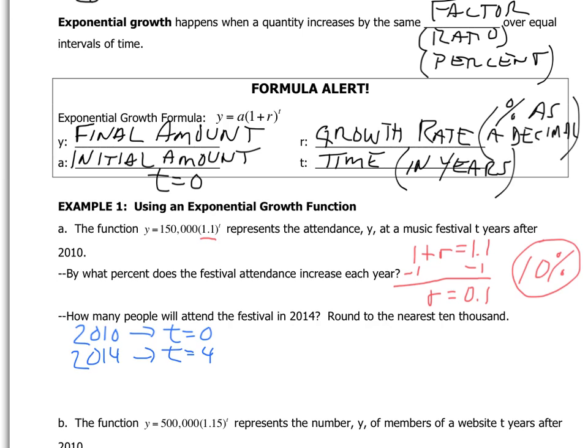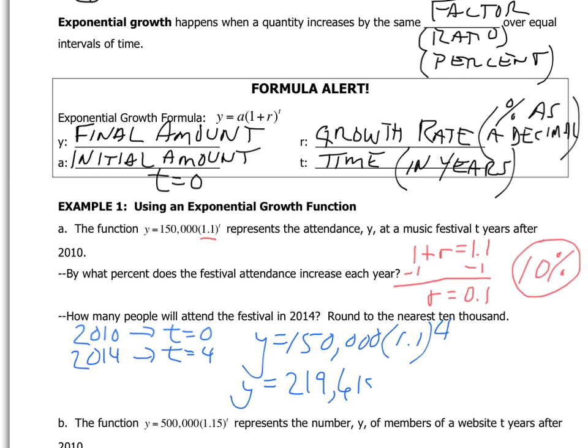So then we take that information and we literally just plug it into the formula. We have 150,000 times 1.1, and we're raising it to the 4th power because we're looking for the year 2014. And as I run that through the calculator, I will get 219,615.